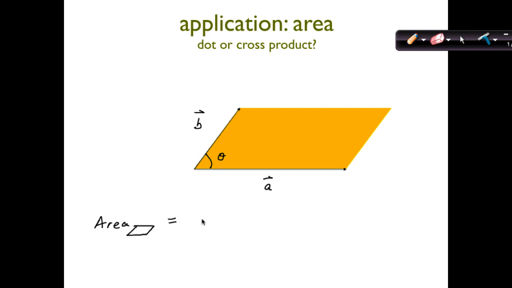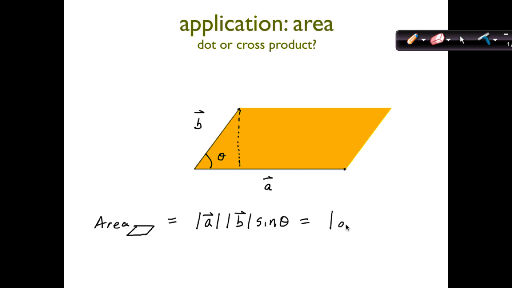Vector A. Magnitude of vector A is the length of the base, and then what would the height be? The height would be the magnitude of vector B sine theta.